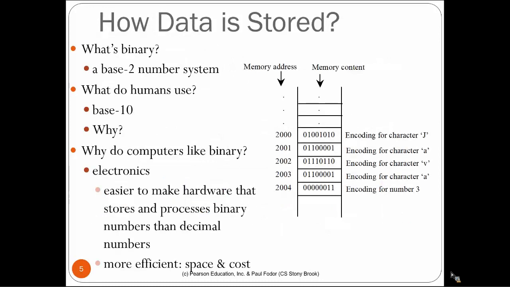So how is data stored on a computer? It's using binary, a base 2 number system. At every location it can store whether there is information, like 1, or not. Humans are using base 10. And the reason for that is that we have 10 fingers, our hands have exactly 10 fingers in total.